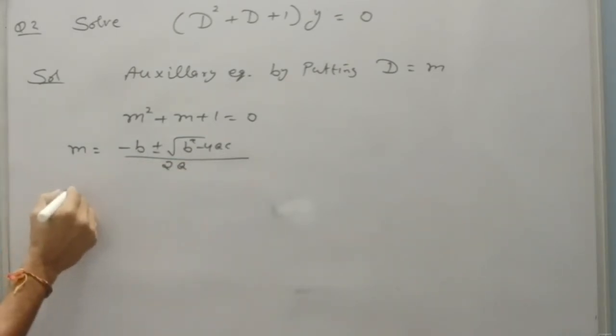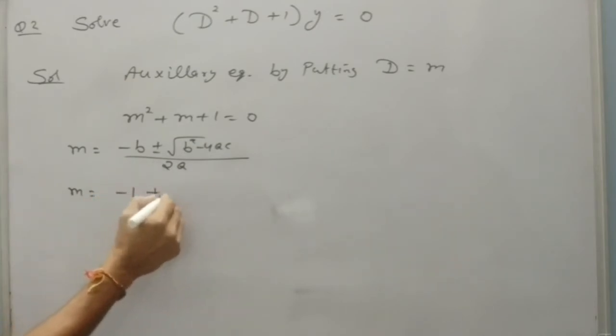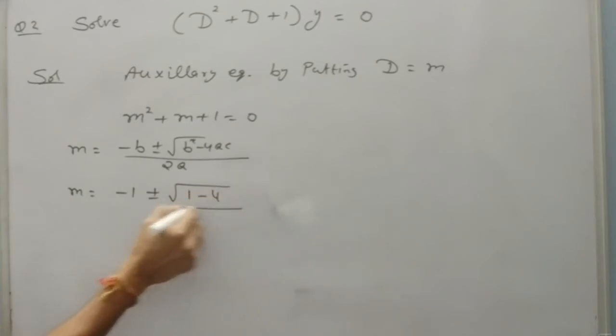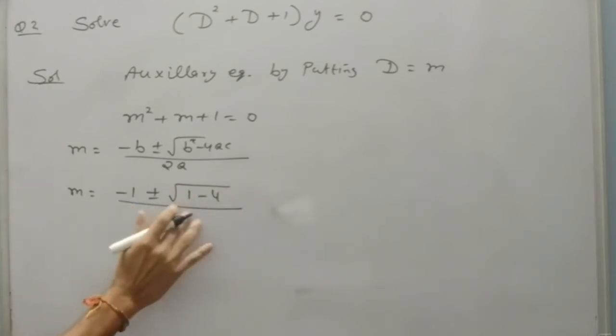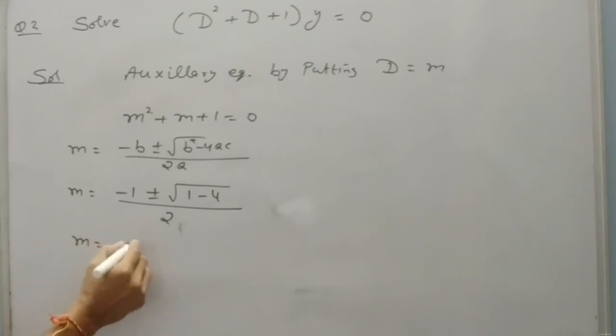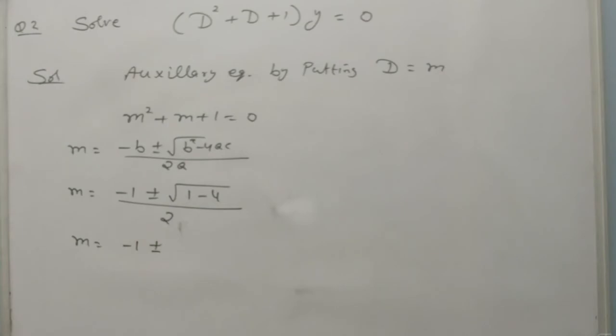So we'll put m is equal to minus b, means minus 1, plus minus root of 1 minus 4, upon 2 into a, that is 1. So m is equal to minus 1 plus minus, this will be minus 3, which is an imaginary part, so we can say it is iota root 3, upon 2.